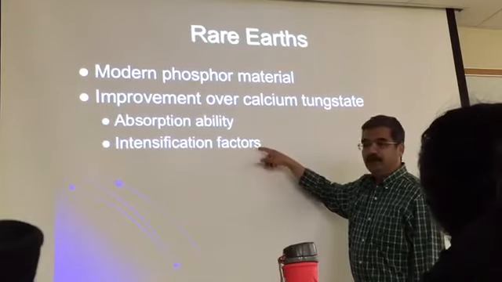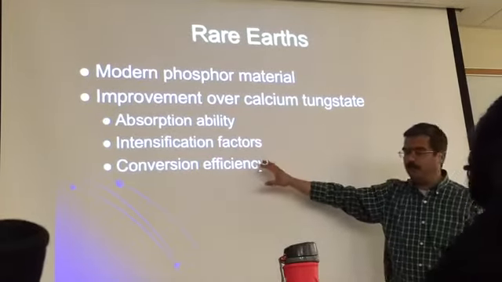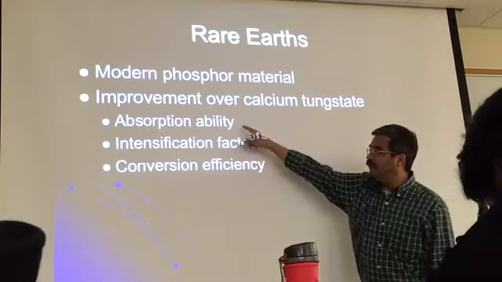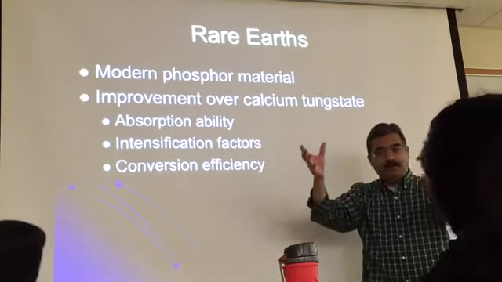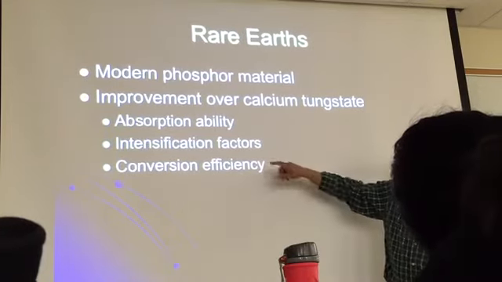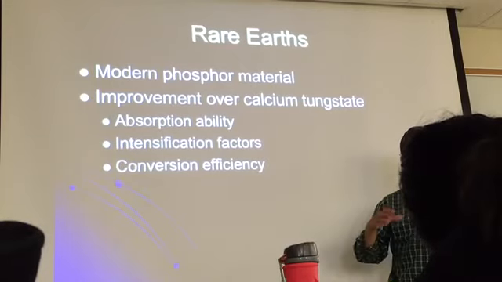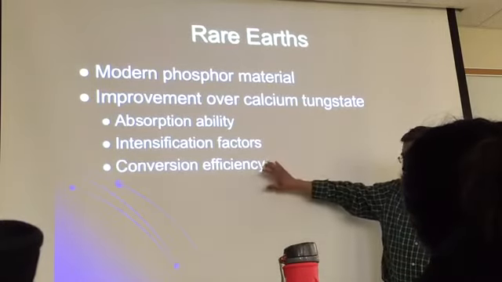The intensification factors were better. The conversion efficiency, we're going to talk more about conversion efficiency. Absorption ability is the ability to suck up the X-ray energy. The conversion efficiency is how much of that absorbed energy you can release as visible light.